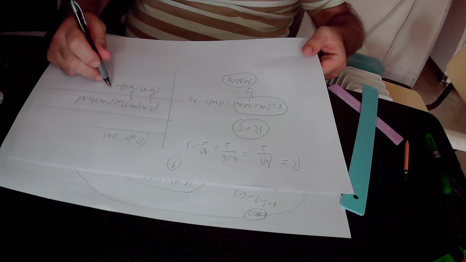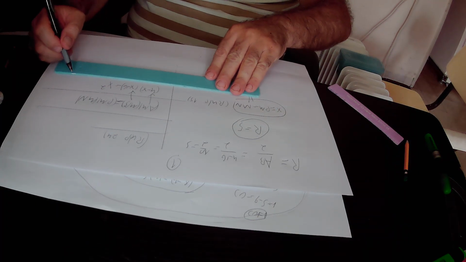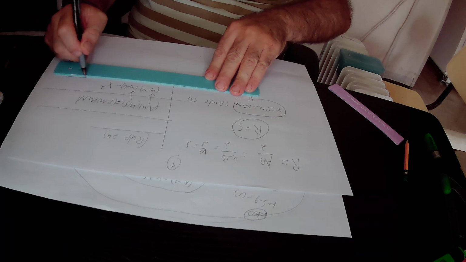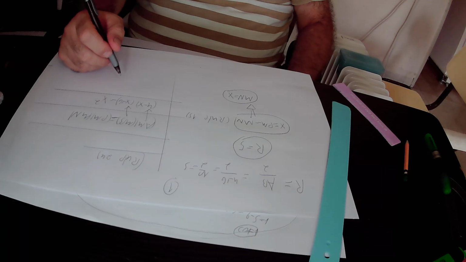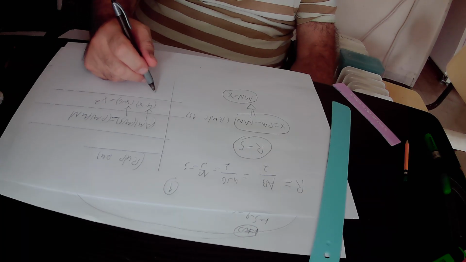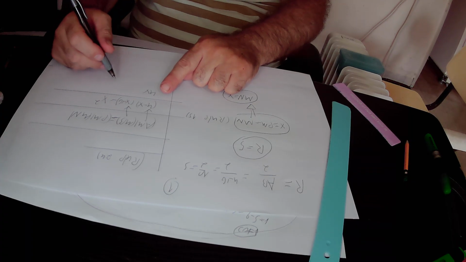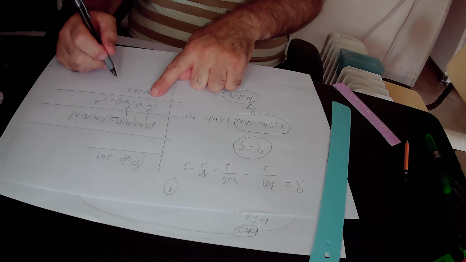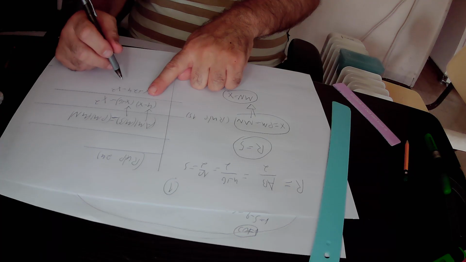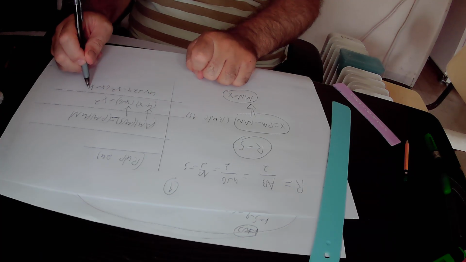So in total, according to rule 24, we found that 4 minus X times X plus 6 equals X squared. We open the brackets: 4 times X is 4X, and 4 times 6 is 24, minus X times X is minus X squared, and minus X times 6 is minus 6X, equals X squared.